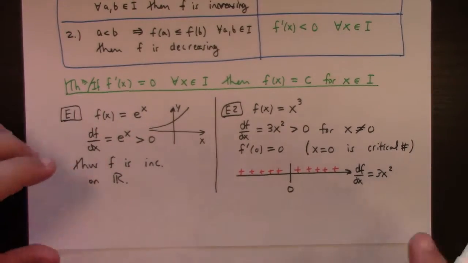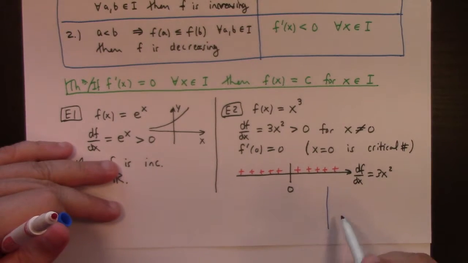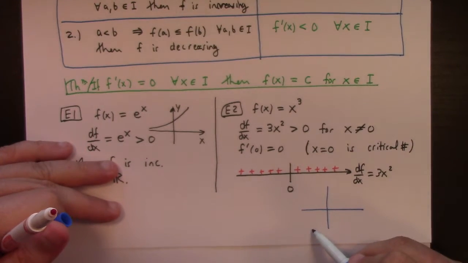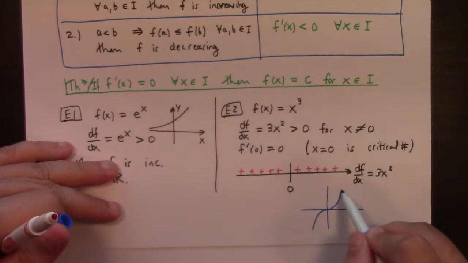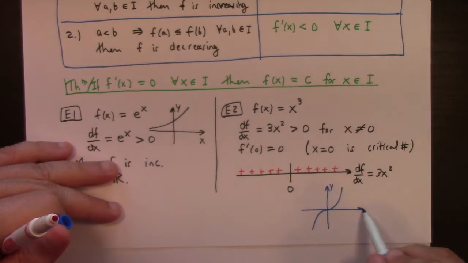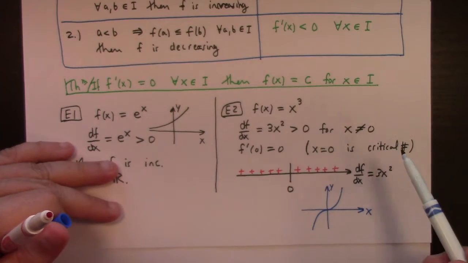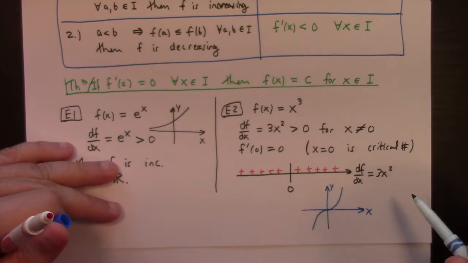Of course, you may recall that the graph of a cubic just looks like this, like so. So this function, even though it has a horizontal tangent, even though there's a place where the derivative is 0, this function's increasing on R.